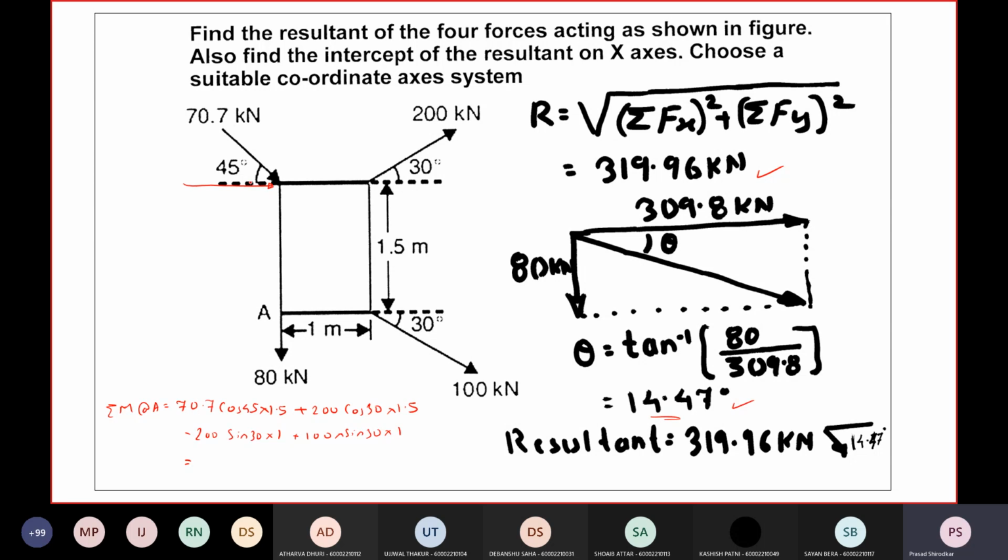So this is 70.7 cos 45 and this is 70.7 sin 45. Then this is 200 cos 30, 200 sin 30.